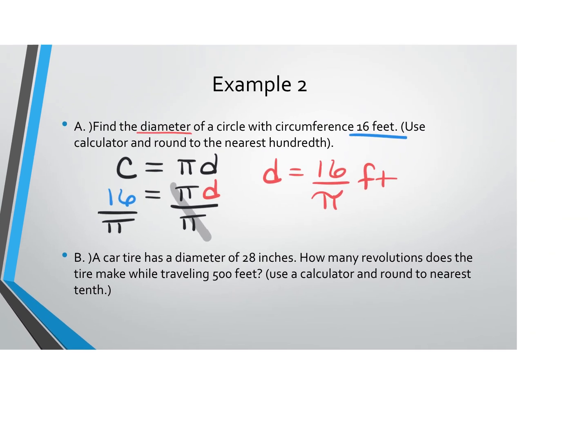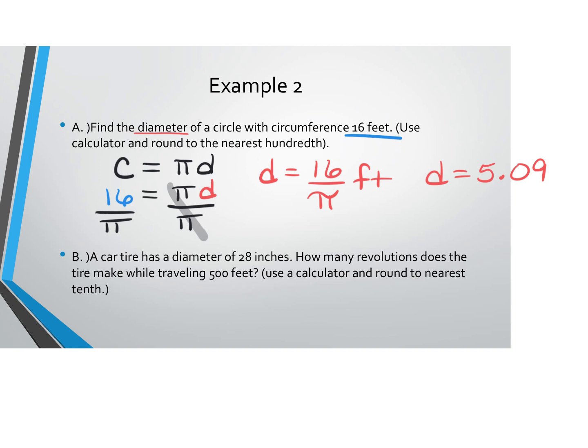So you're going to do 16 divided by pi. And once you do that, we're going to round to the hundreds place. And we get 5.092. So rounded to the hundreds place, my diameter is 5.09 feet.